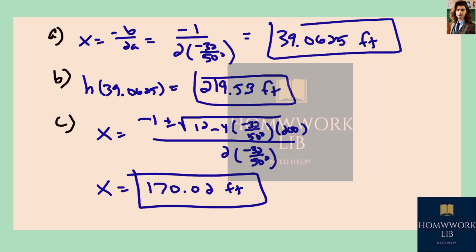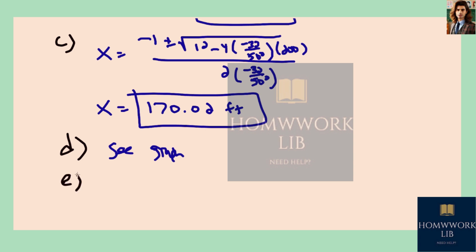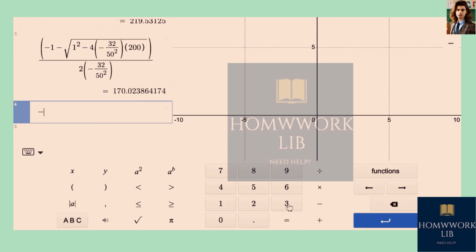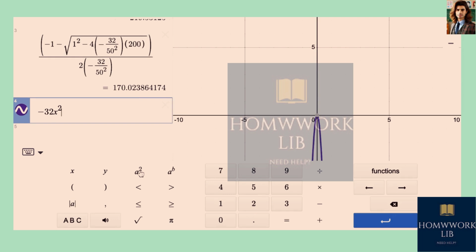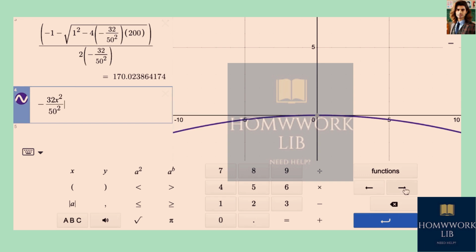Now, if we graph the function, I'm going to do this with Desmos and verify. So our function is negative 32x squared over 50 squared plus x plus 200.